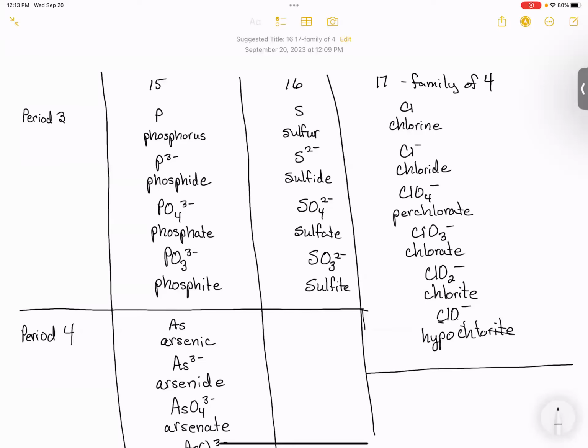For periods 3 through 7, if you're talking about group 15 and 16, those are families of 2. The ATEs all have 4 oxygens. To get from ATE to ITE, it's going to change by a single oxygen.